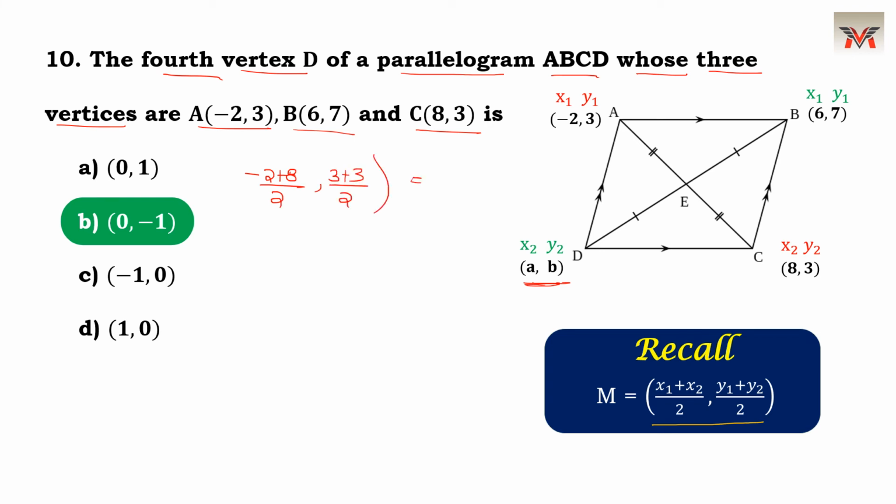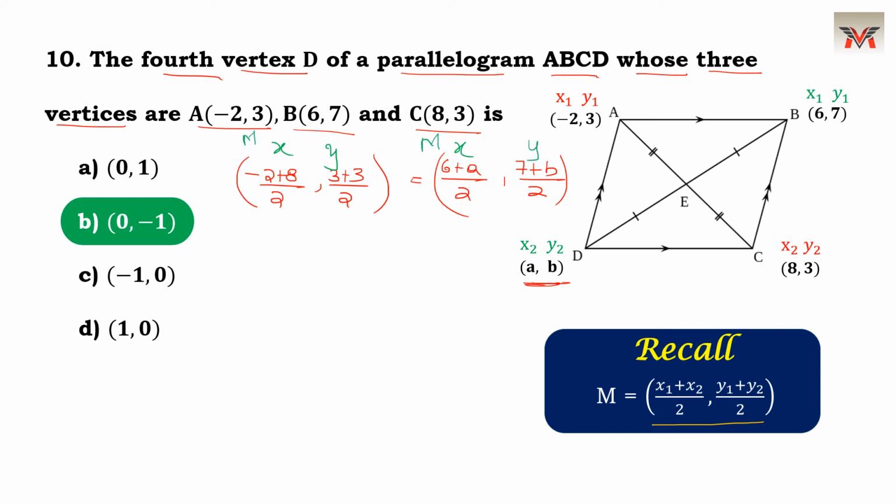That is equal to (6 plus a) divided by 2, comma (7 plus b) divided by 2. As I already told you, this gives you x, this is y of a midpoint.